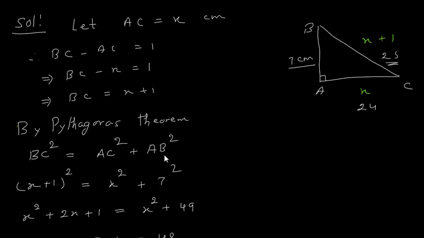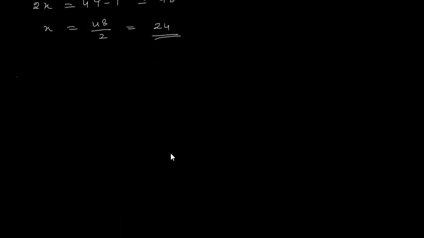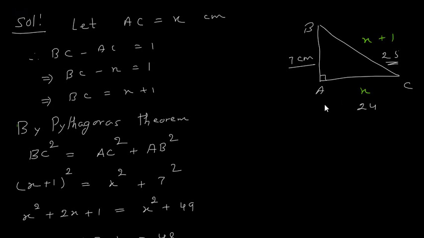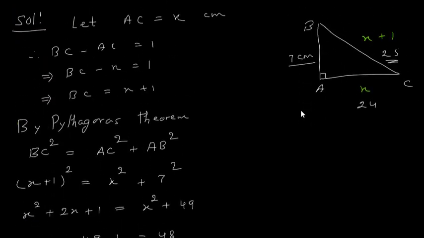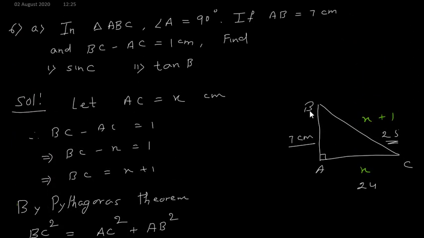Therefore AC is equal to 24 centimeter and BC is 25 centimeter. So we got all the values.